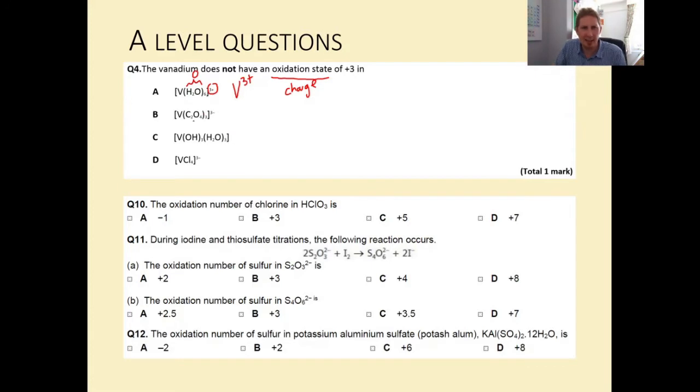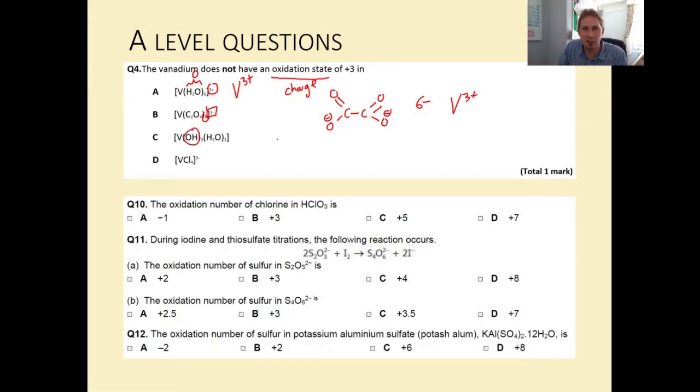Looking down here, something that you will learn at A-level, the C2O4 ion is a bit like a dicarboxylic acid with a charge of 2-. There's 3 of those, so the overall charge from those must be 6-. You've got a 3- charge overall, so the vanadium must be 3+.